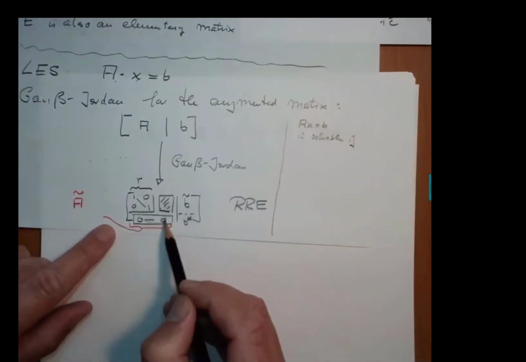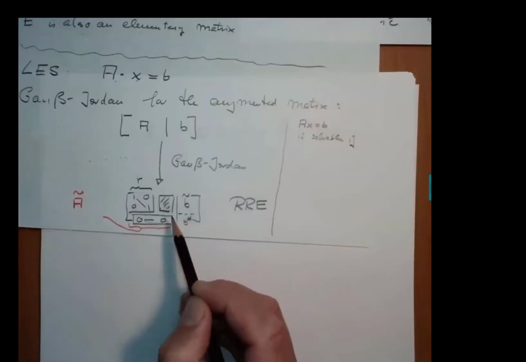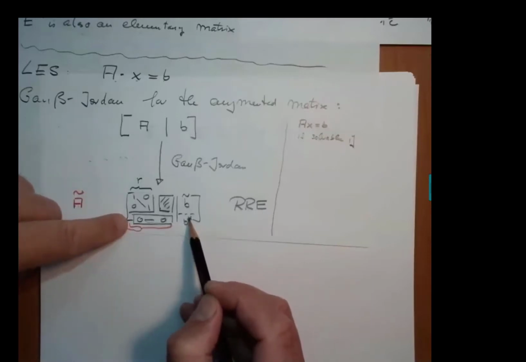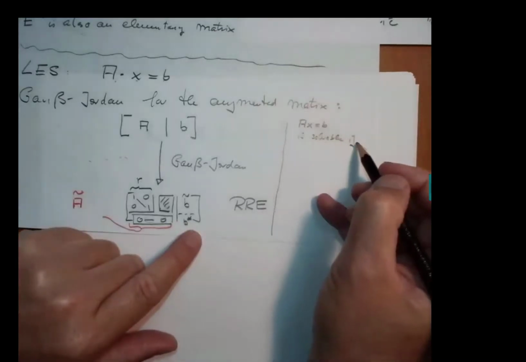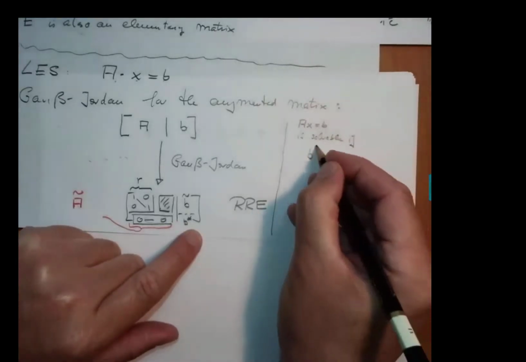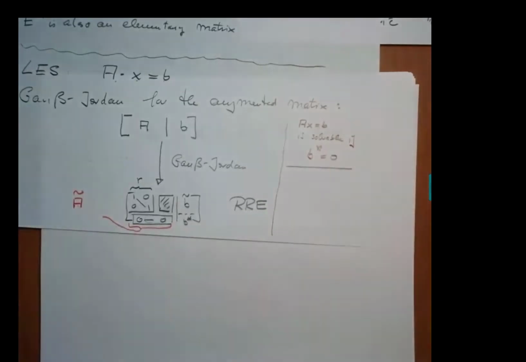Here are only zeros, so if B star still has one leading one, if the leading one is on the side of the right-hand side, that's what we learned, I think, on Tuesday, then it's not solvable. So it is solvable if and only if B star is equal to 0. No?